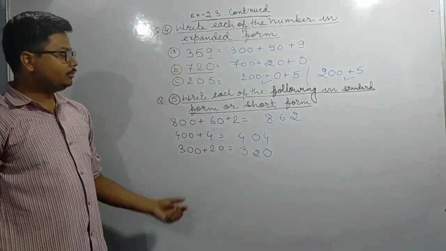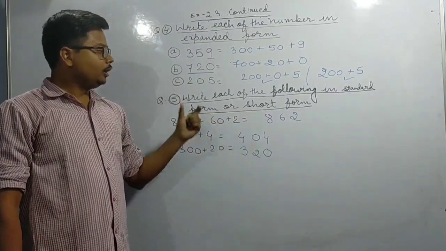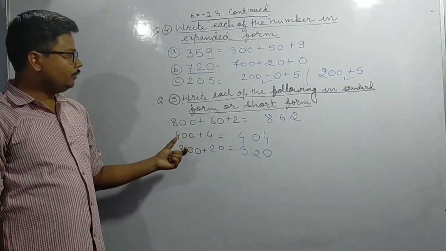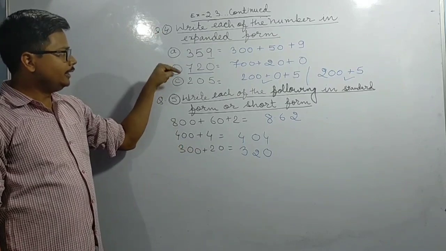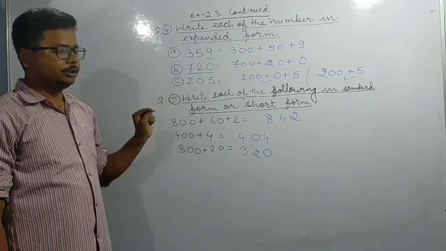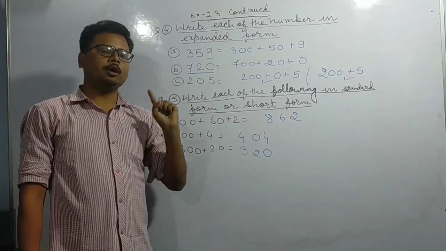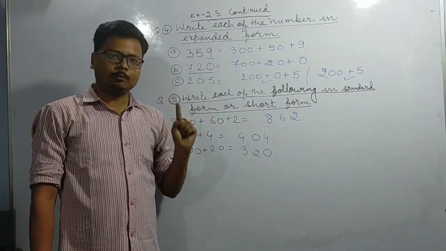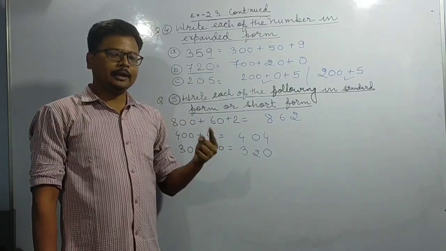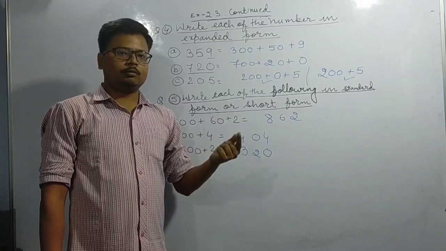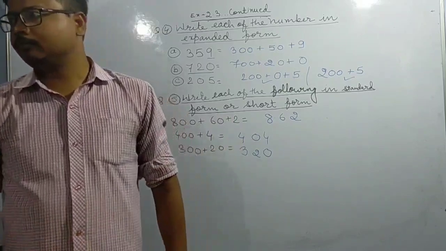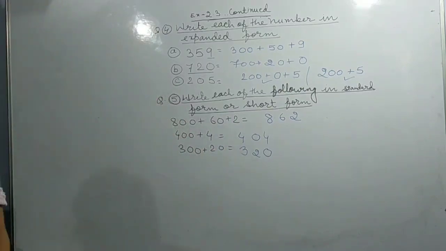So our answer becomes 320. So in this way you can solve question number 4 and question number 5. Now what you have to do, you have to solve all the questions in your book, and then you have to move forward.